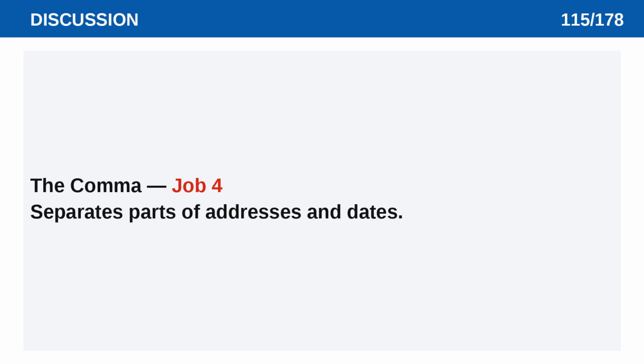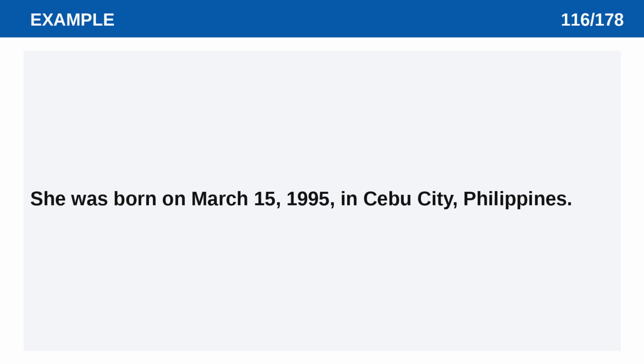Comma job number 4, the last one. We use commas to separate the different parts of an address or a date. She was born on March 15, 1995, in Cebu City, Philippines. Notice a comma between the day and the year, and another comma between the city and the country.